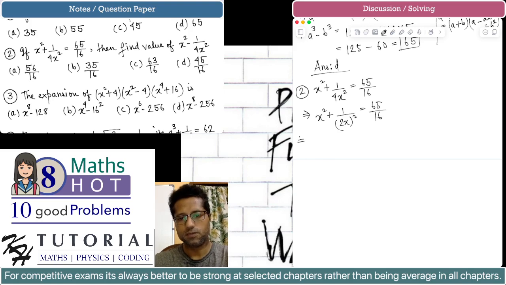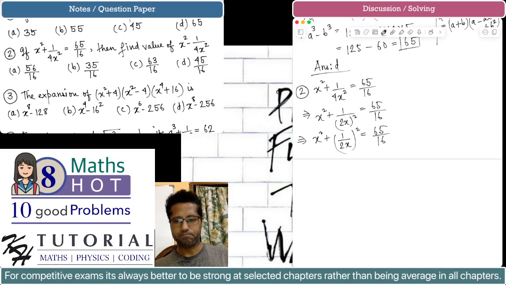So this implies we have x square plus (1 by 2x) whole square is equal to 65 by 16. Now, we got something like a square plus b square is equal to some value; x square plus (1 by 2x) whole square is in the form of a square plus b square.